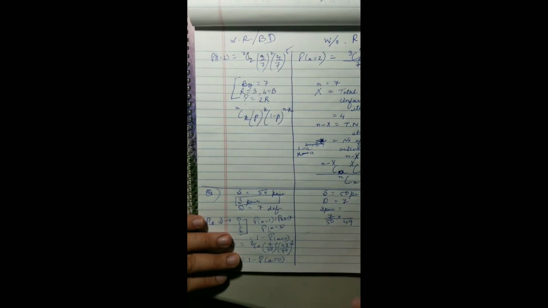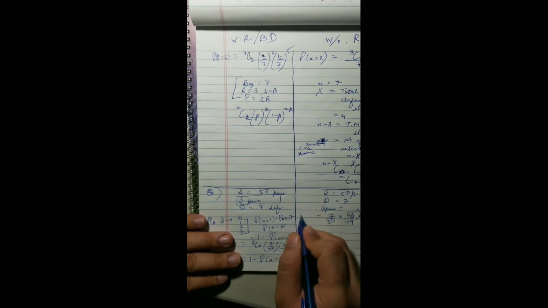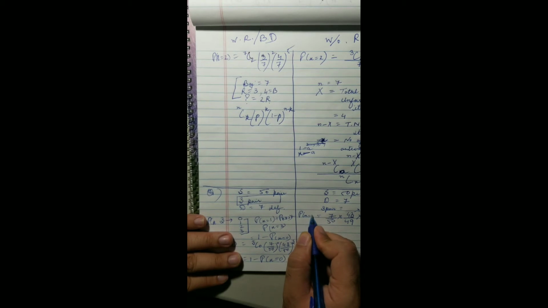This decreases. So 7 over 50, and then 49, and we know 43 are the ones which are in good shape. So 43 over 49 into 42 over 48, sorry, right? This is px is equal to 1.